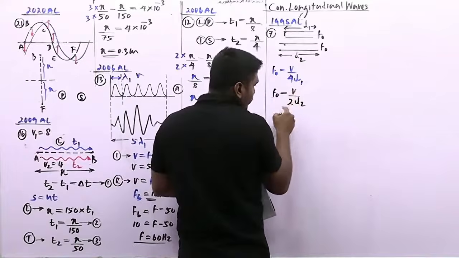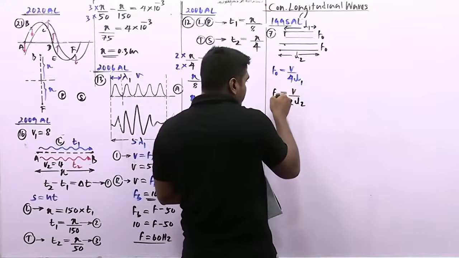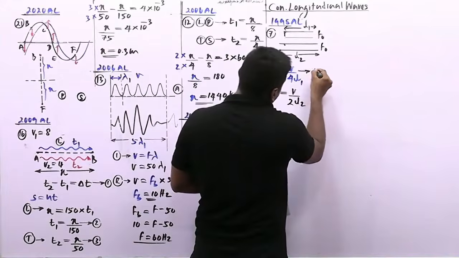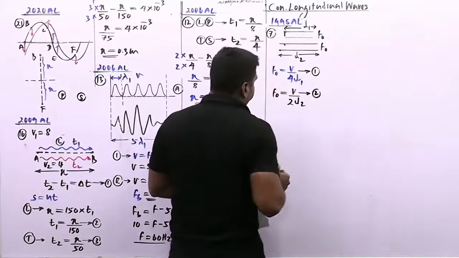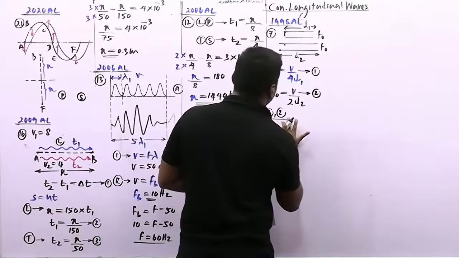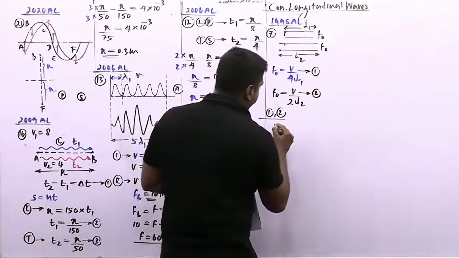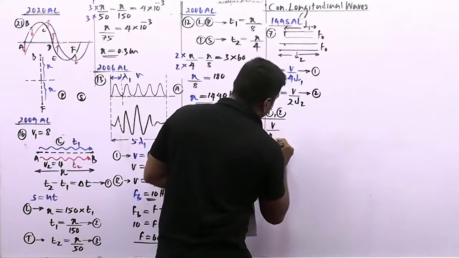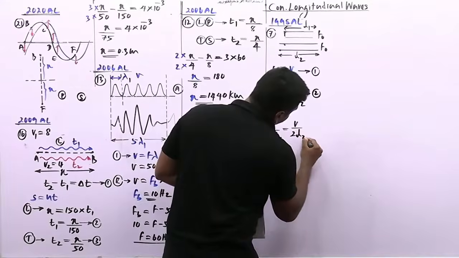v over 4L1 must be equal to v over 2L2. Clear? Same fundamental frequency F naught, therefore you can equate equation 1 and equation 2. Simply, v over 4L1 must be equal to v over 2L2.